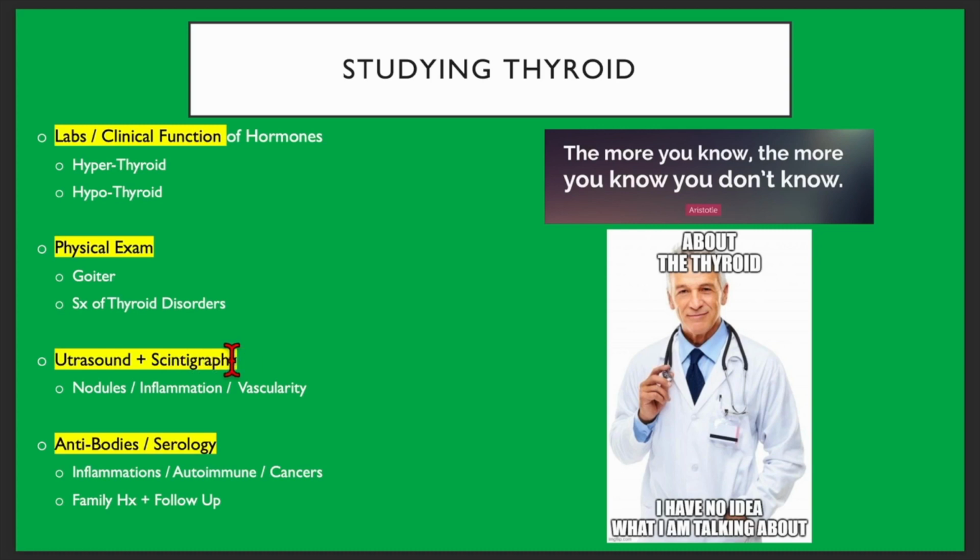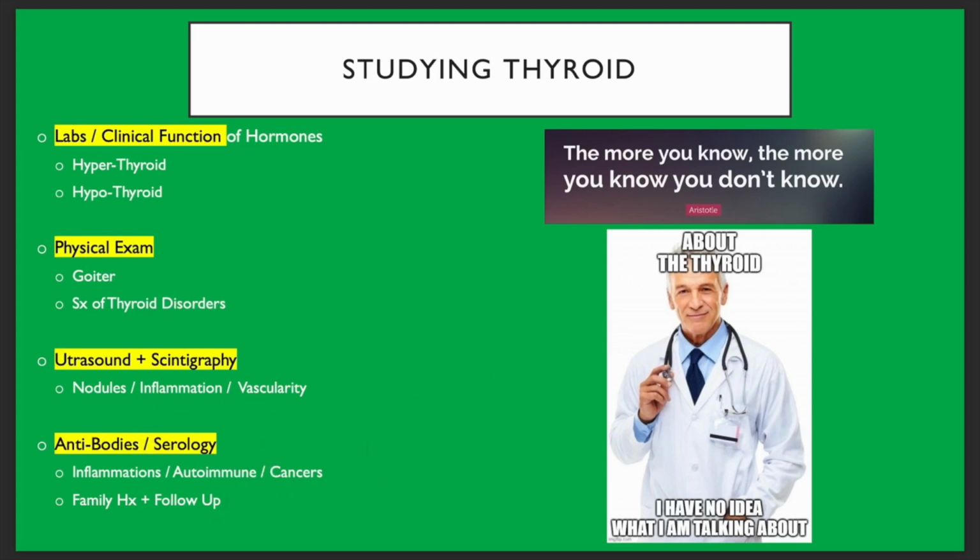You will not do it yourself, but you can see it on the computer in the files. Try to see how the nodules look, how the inflammation looks, how the thyroid looks. And finally, revise your antibodies, which are important for autoimmune diseases, inflammations, cancers, and also for screening. When you have a family history, you could do it as a screening to catch it early.